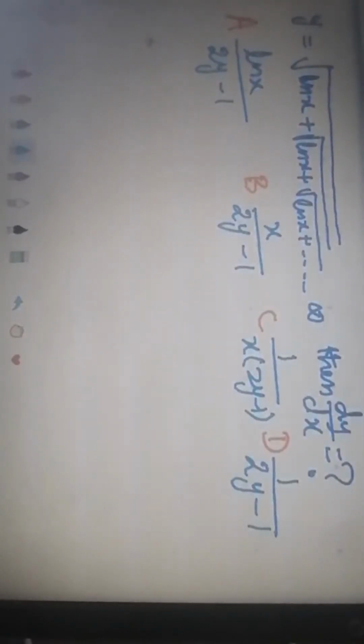We will apply the differentiation rules to know what can be the answer. 2y minus 1 in product with x appearing in the denominator, and we have 1 by 2y minus 1. So the guess doesn't work here, viewers. The thing that works here is your math skills.